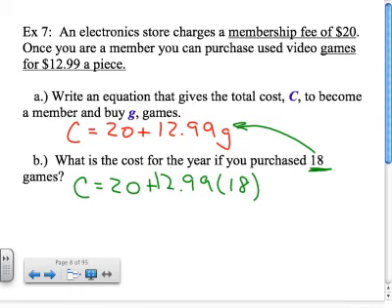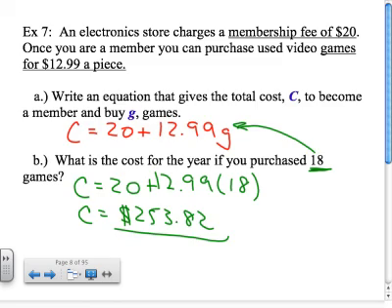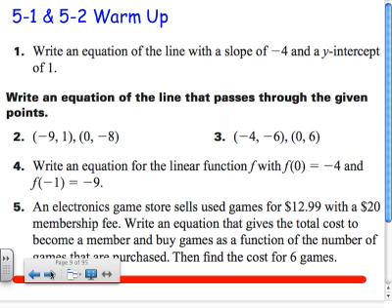If my math is correct, it's going to be $253.82 for the year. Okay, so again, just kind of a story problem that we've done in the past, just taking words and interpreting it and translating it into an equation.